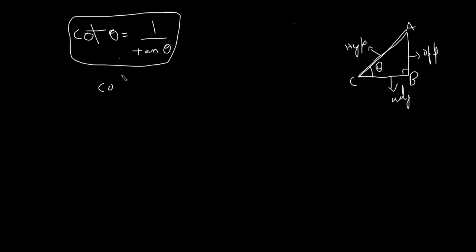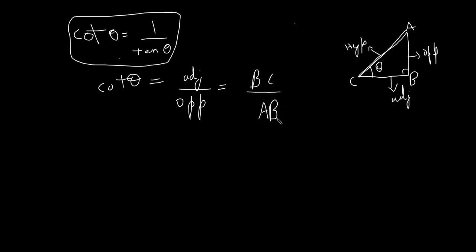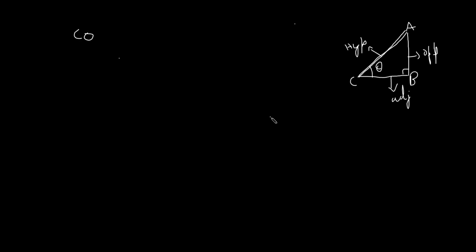So cot theta is adjacent over opposite, or in this case opposite is AB and BC is the adjacent, so BC by AB. So these are the trig ratios you must remember.